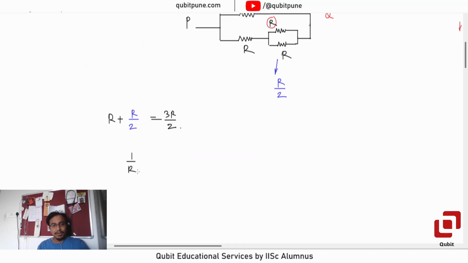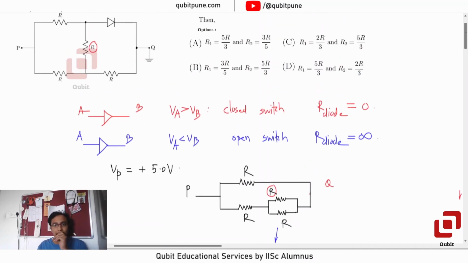So let's take 1 upon R plus 2 by 3R. That is 3 plus 2 by 3R, that is 5 by 3R. So R1 will be 3R by 5. And we have got the option as B because only R1 in B has 3R by 5.